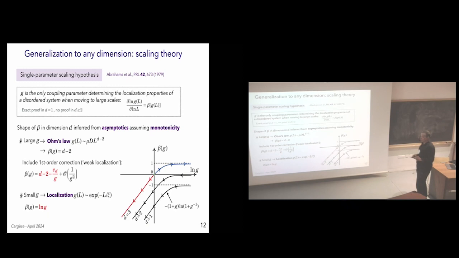And now, if you simply assume from these two asymptotic laws that the beta function is a continuous function, and it's also monotonic, you end up with this famous shape in dimensions 1, 2, and 3. So I remind you, in dimension 1, we know exactly the solution from the 1D problem. But in 2D and 3D, you should see this just as a sketch.